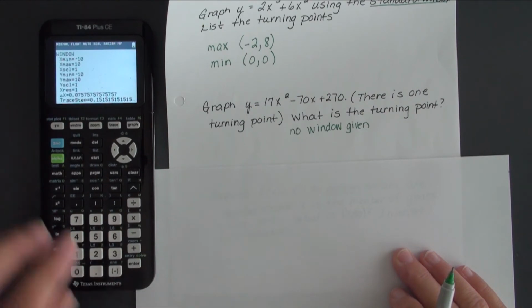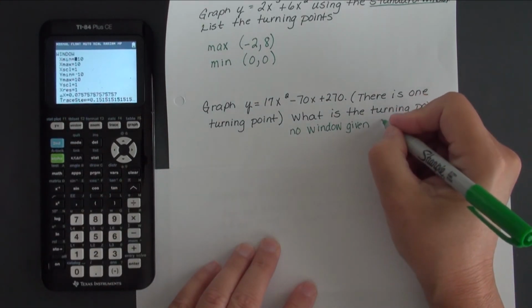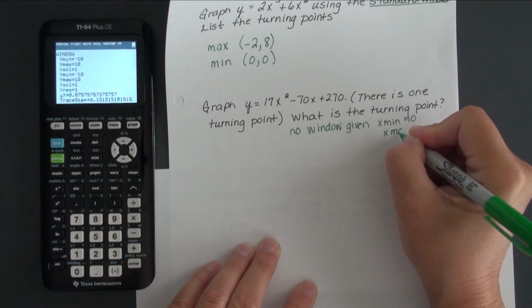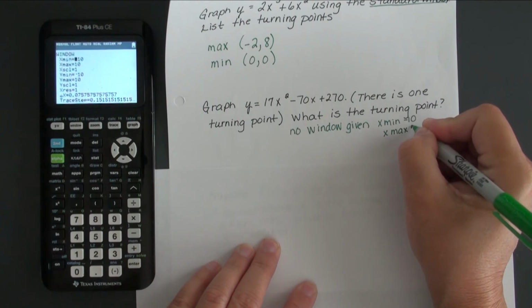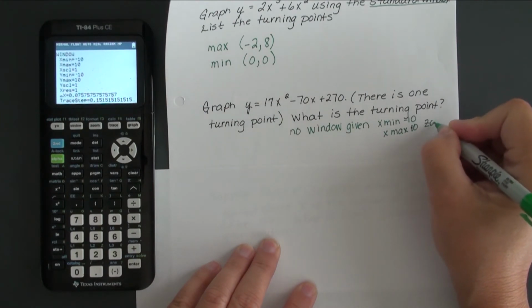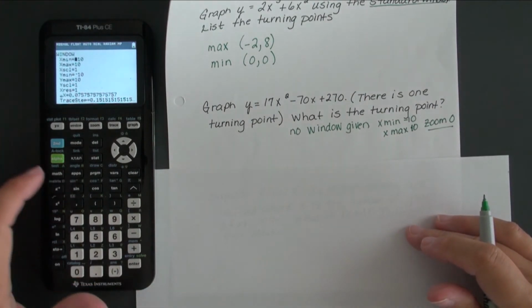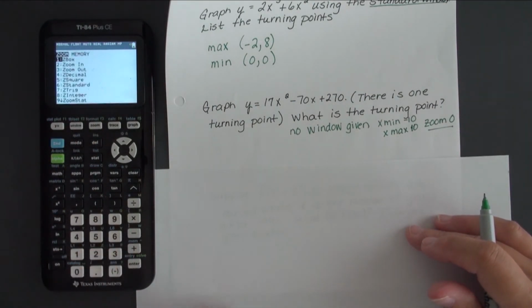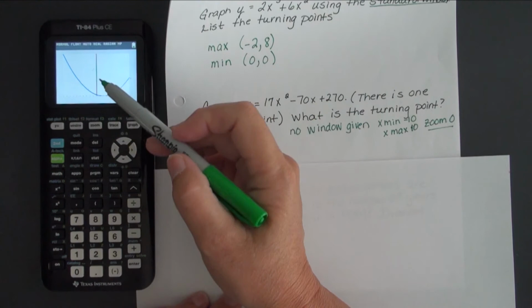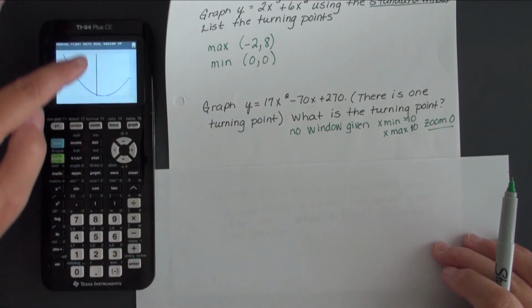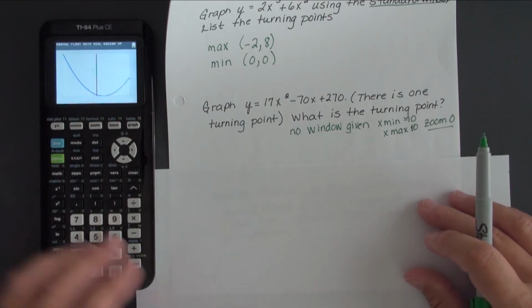So then we can press what's called, let me go ahead and write that down. -10 is the x minimum, the x maximum is 10, and then press zoom fit, which is zoom 0. And what that does is it makes the graph from -10 to 10 on the x-axis, and then the y-axis adjusts so that you can see the graph.